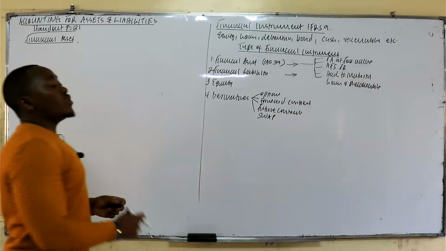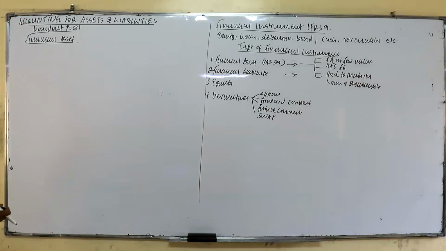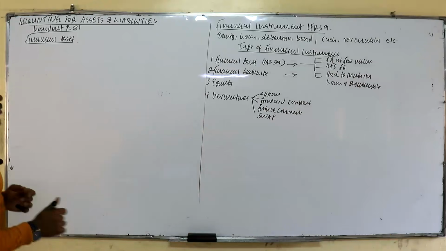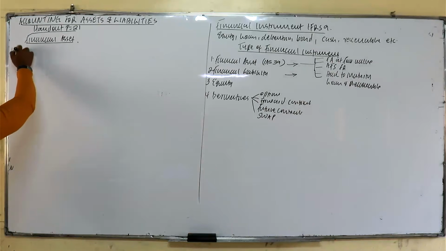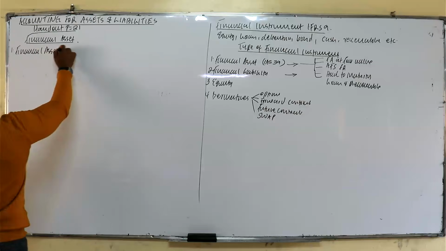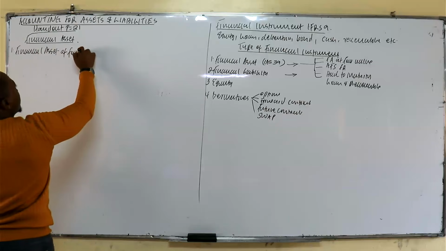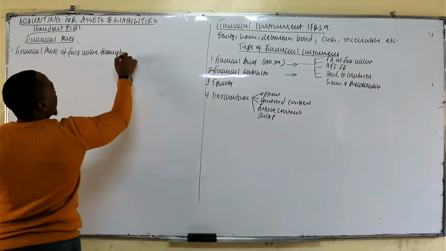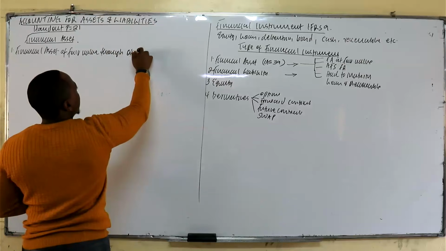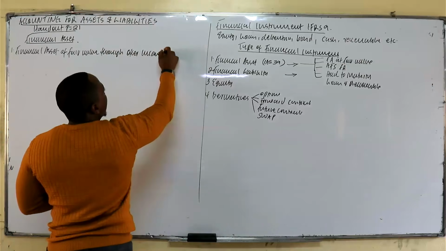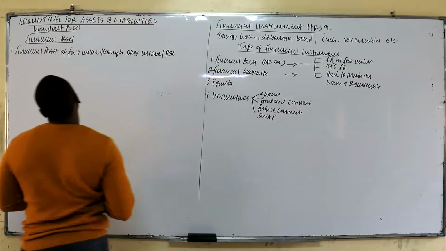Now, under the new standard, all the financial assets are classified into 3. 1, we have financial assets at fair value through P&L account.